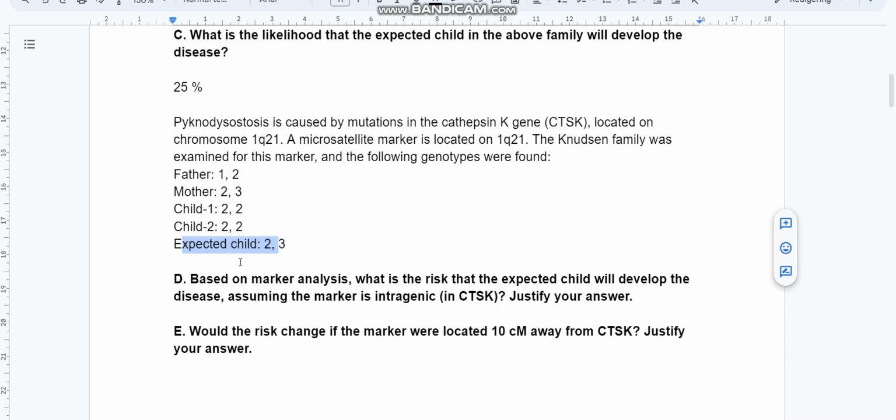Of course, he still carries the disease allele here, but he does not have 2. And since we're talking about autosomal recessive, the probability is 0% for this child developing the disease.